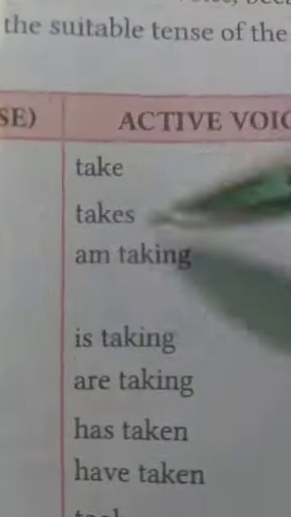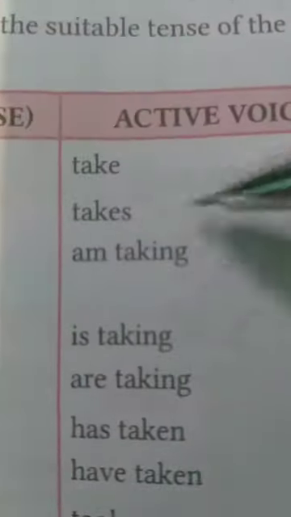In the first there is a singular subject, and in the second, they take your pen. So when we write they take your pen, they will change into them, and take will change because there is only one object, a singular object, pen. So your pen is taken by them.